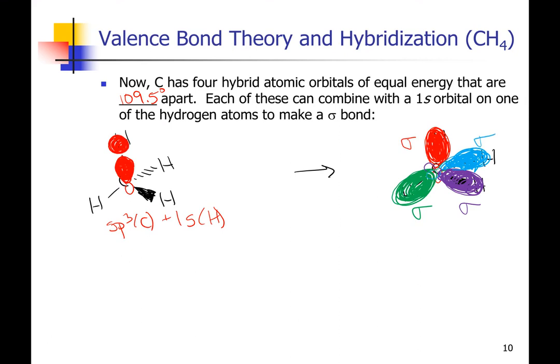And so each of our 4 sp3 hybridized atomic orbitals can be imagined to be contributing to 1 CH bond.